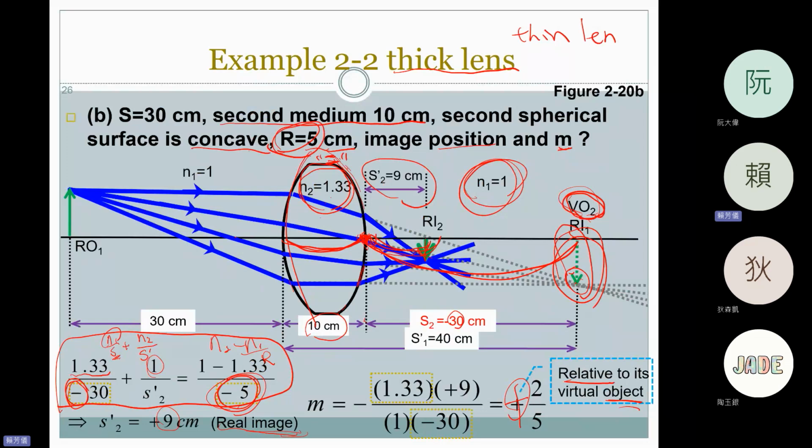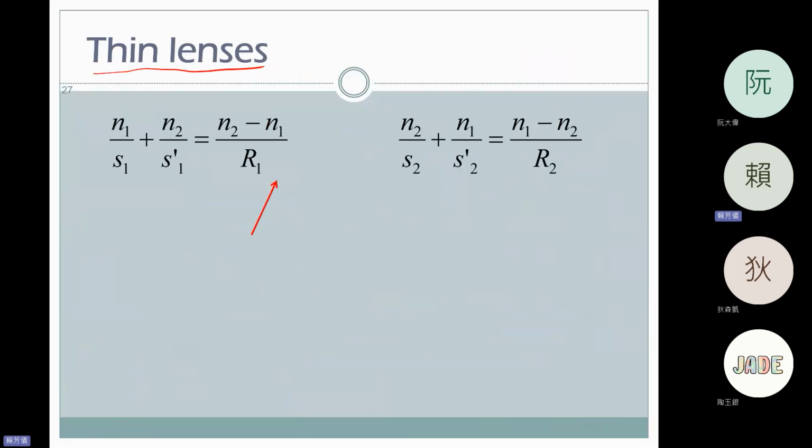And we can also use the equation in the formal slides. We can write both equations here, the refraction equation. Okay.